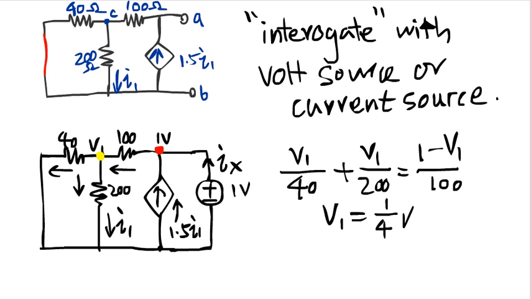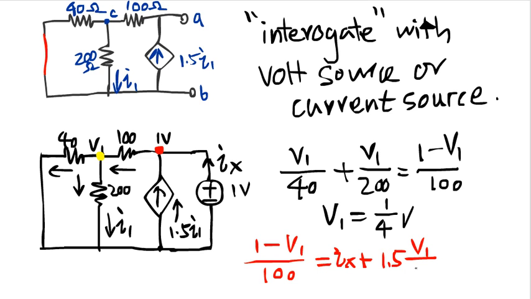The red node allows us to write another equation, which says 1 minus V1 divided by 100, that's the current running out of this branch here, has to be equal to Ix plus 1.5 I1. I1 happens to be equal to V1 divided by 100, if you recall.